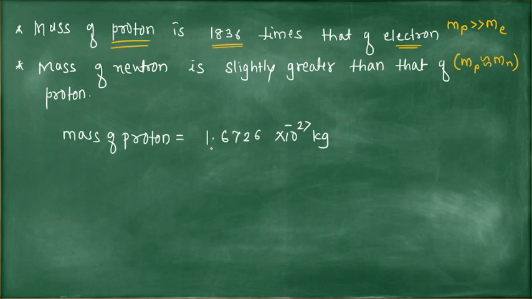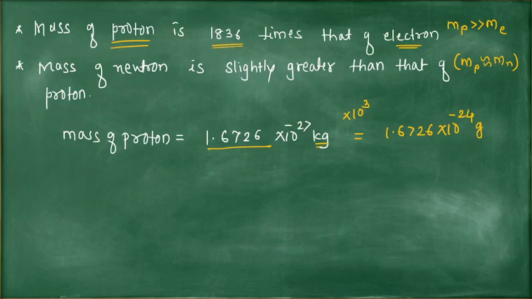Mass of proton is 1.6726 times 10 raised to minus 27 kilogram. This you can write in gram also: 1.6726 times 10 raised to minus 24 gram. Convert kilogram into gram by multiplying by 10 raised to 3, so minus 27 becomes minus 24.